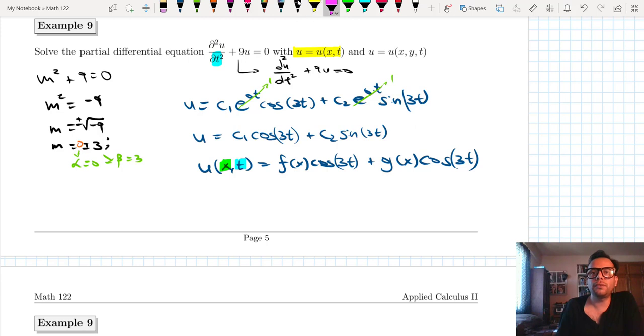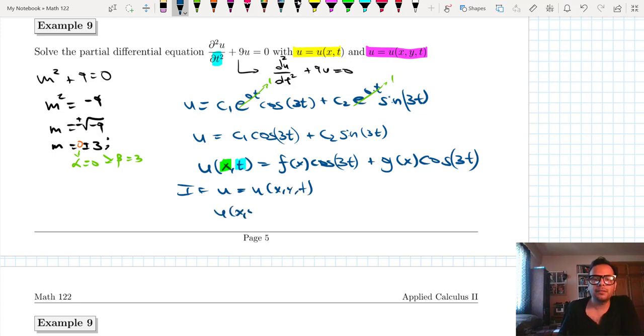Now, what if we were looking for some function that depended on x, y, and t? On the other hand, if u equals some u of x, y, t, this u of x, y, t is f of x, y cosine 3t plus g of x, y sine 3t. In this case, the variables x and y were held constant.